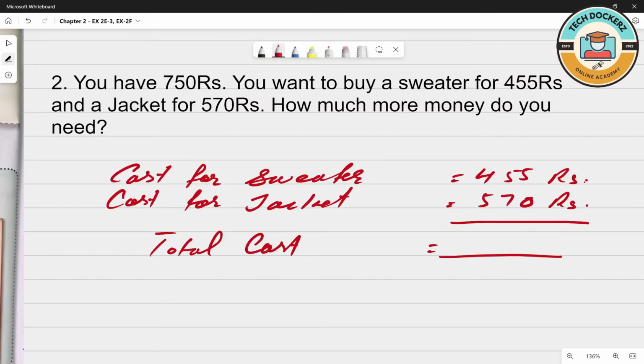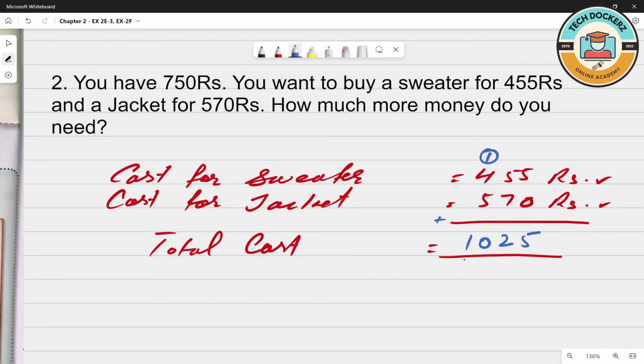So cost for a sweater, 455 rupees, cost for jacket, 570 rupees. We will do the addition to get the total cost of the items. 5 plus 0, 5. 5 plus 7, 12, 1 will be carry. 1 plus 4, 5. 5 plus 5, 10.